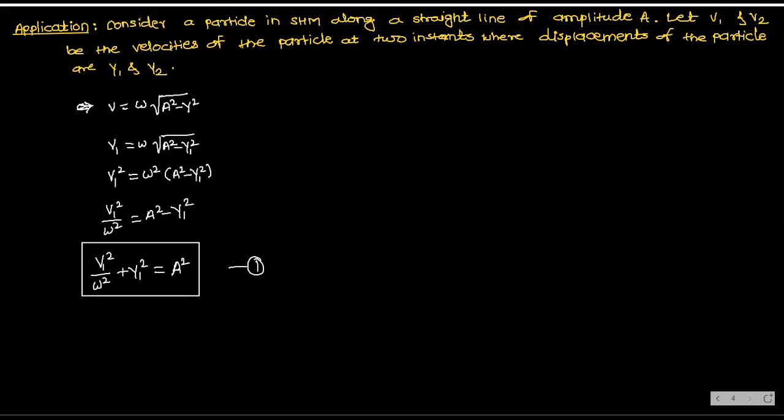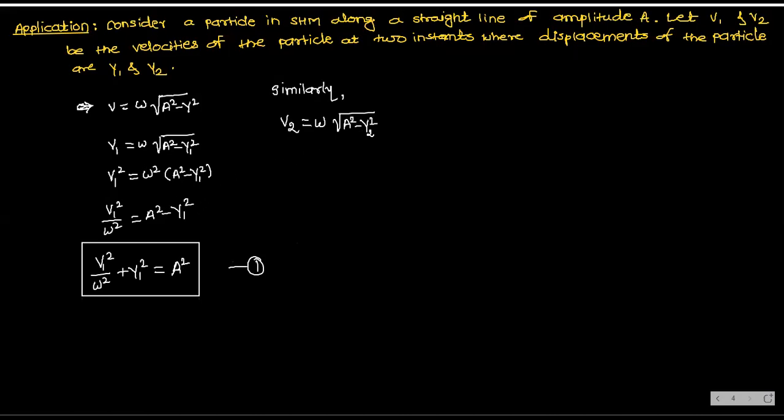Similarly, shall I write directly now? Similarly, v2 is equal to omega under root of a square minus y2 square.